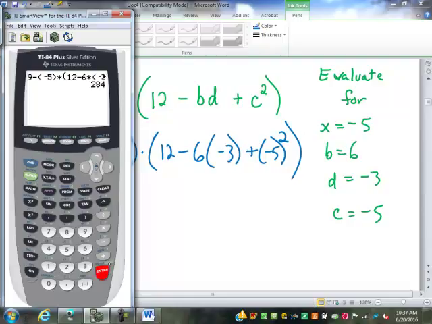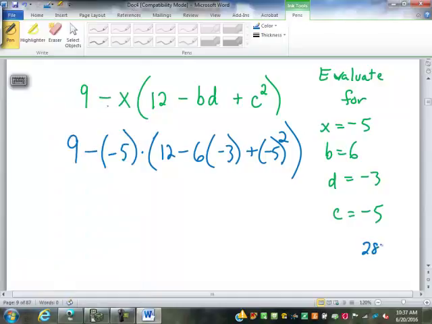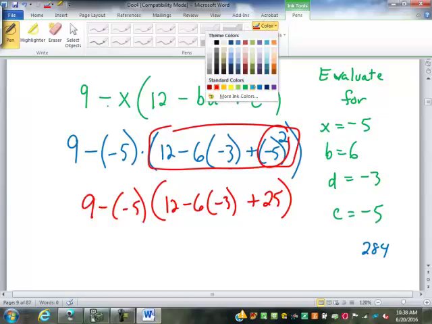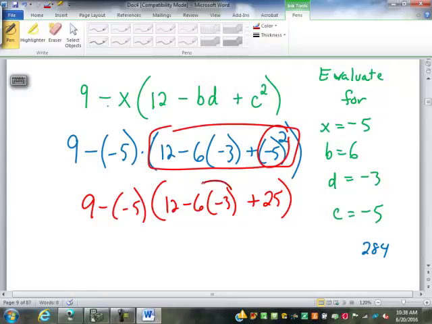How many of you got 284? A few of you. Good. So if we're doing that by hand, of course we start in the parentheses, and in there the power comes first. Negative 5 squared is a positive 25. Next, we have 6 times the negative 3, or a negative 6 times a negative 3 is probably the easier way to look at it.